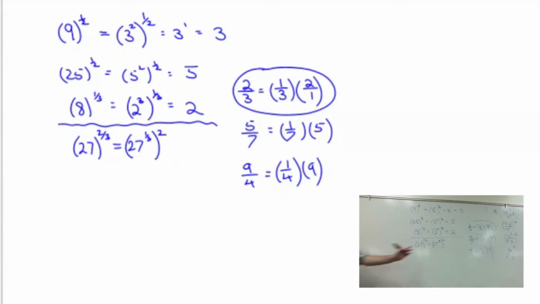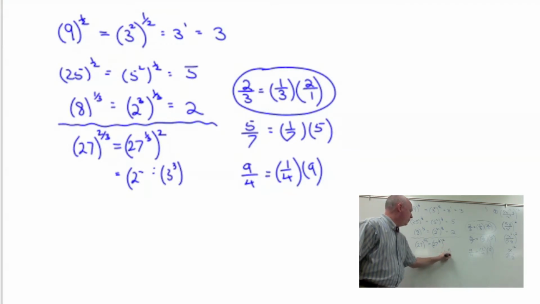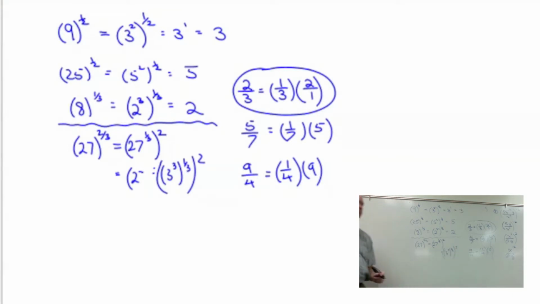All right. How do I write 27? 3 cubed. So this becomes 27. Oh, no. That does not become 27. It becomes 3 cubed, raised to the 1/3, raised to the 2nd. I know that's a lot of parentheses, but that step literally is in your head. You know this is 3 cubed, and you know it's raised to the 1/3.